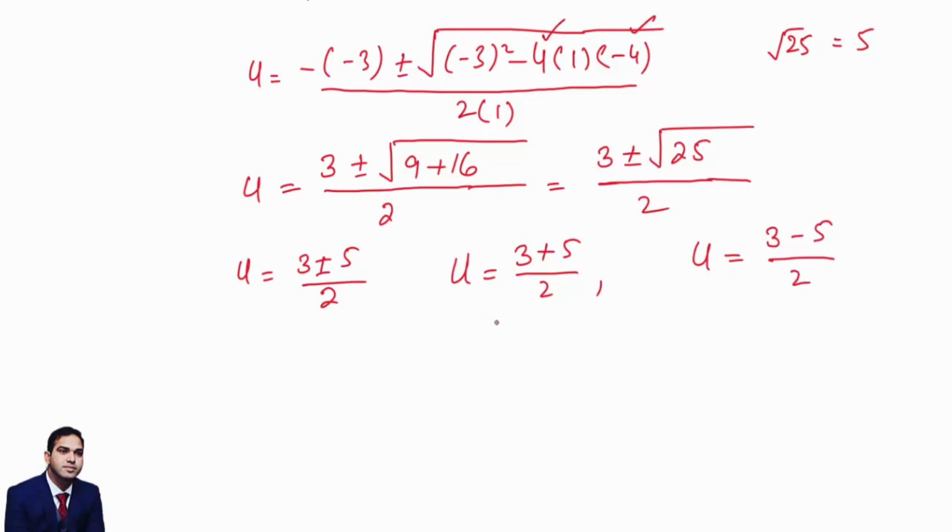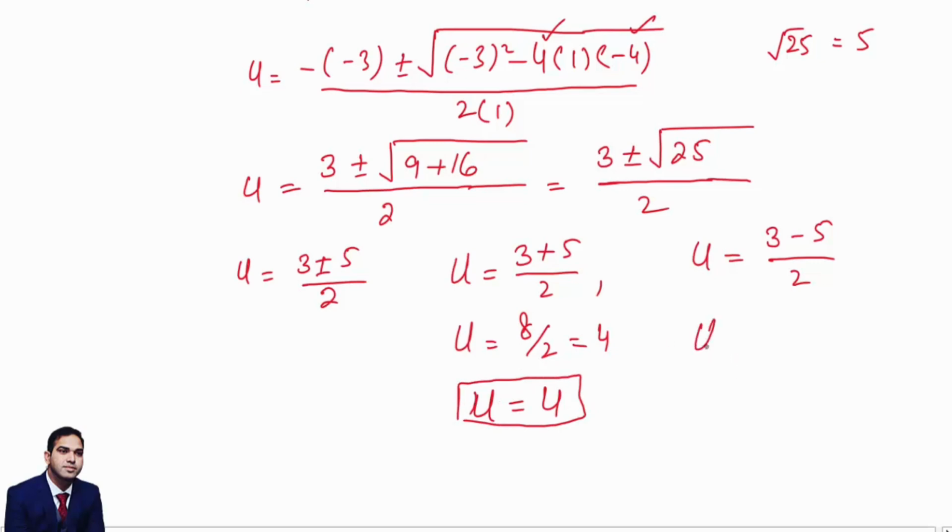Clear? Now u is equal to 8 divided by 2, that is equal to 4. u is equal to 4. One answer of u is equal to 4, and the second answer of u is negative 2 divided by 2, that is equal to negative 1.